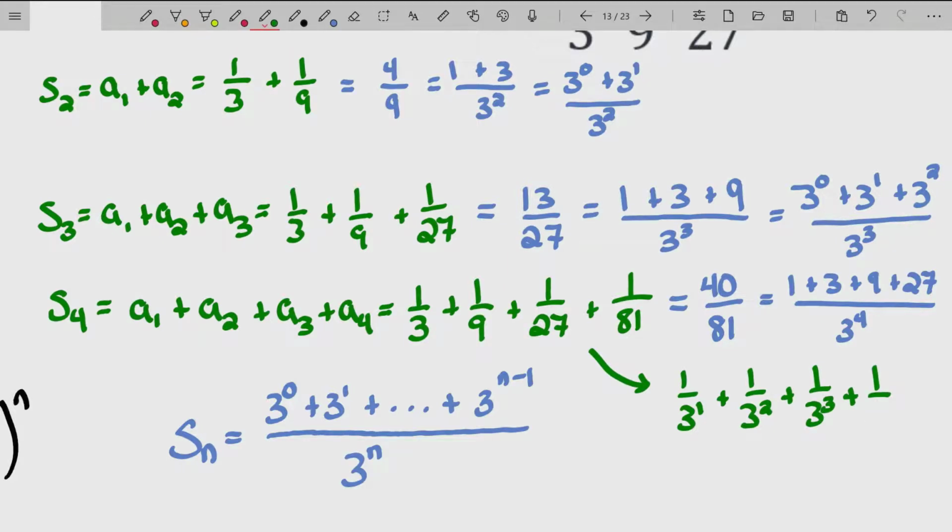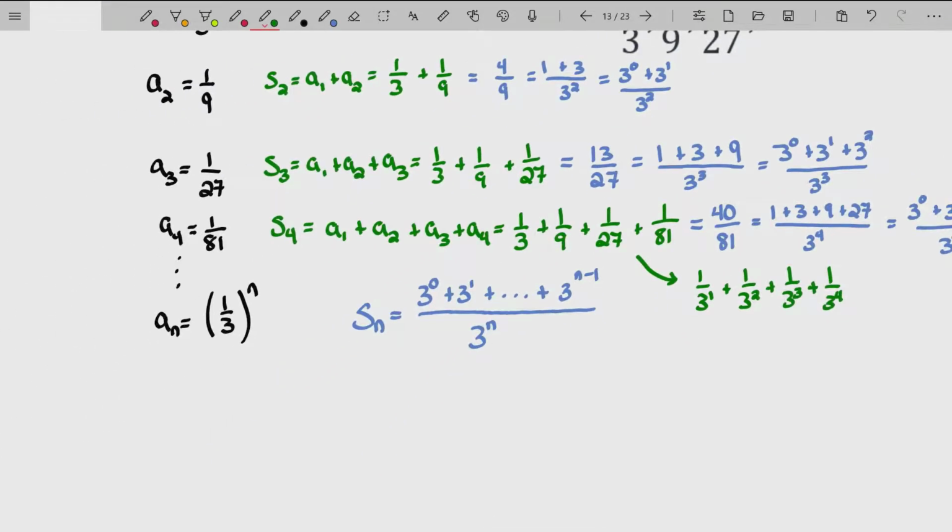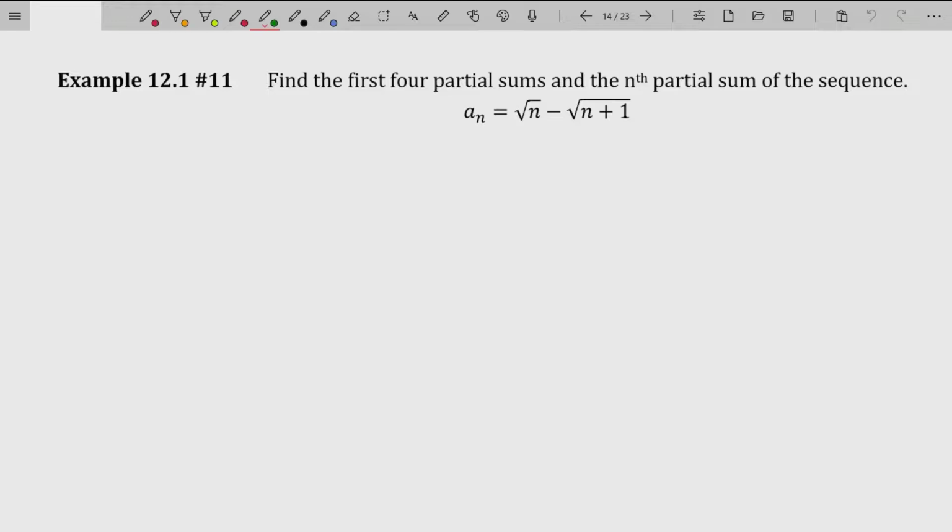Oops. And you could have written it that way as well. So I don't see a problem with that for you to say, oh, this nth partial sum is 1 over 3 to the first plus 1 over 3 to the second plus ... all the way until 1 over 3 to the nth. You could do that, but in the long run, we'll have a better way of noting that. And I just want to reiterate with that last example that it is going to be true.